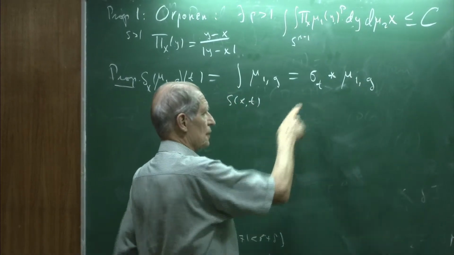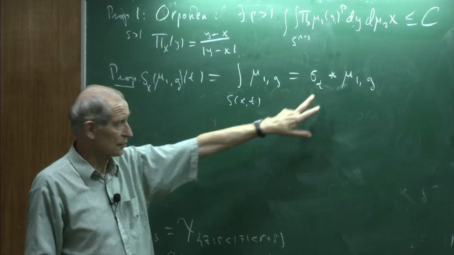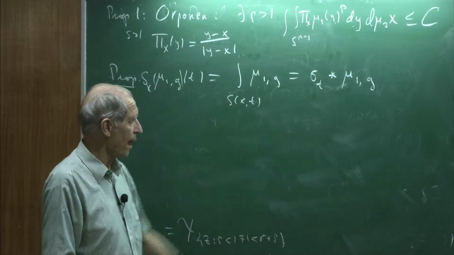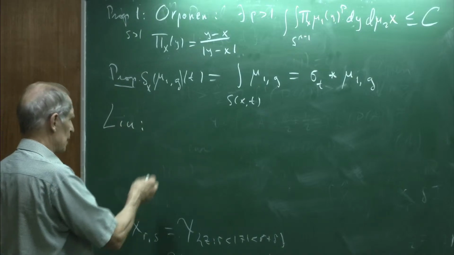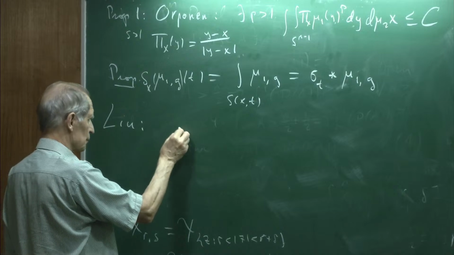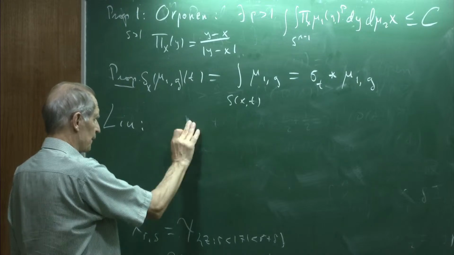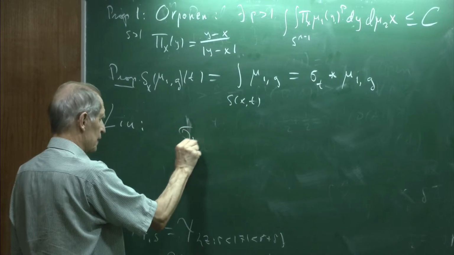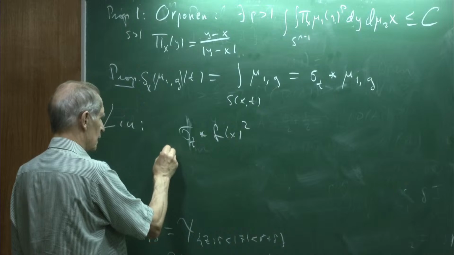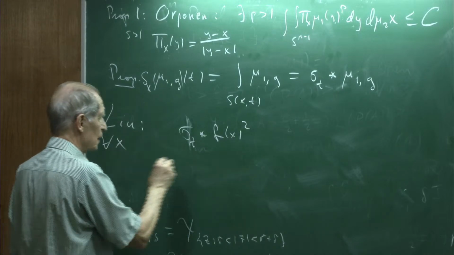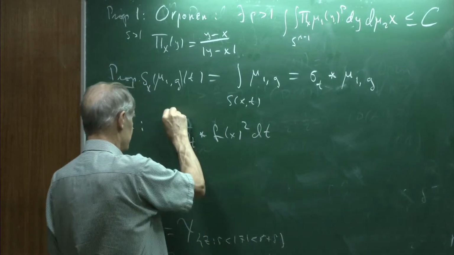Sigma t is the normalized length measure on the circle of radius t. So this is the same thing then. And then there is a formula of Bourgain-Liu, which says for arbitrary functions or smooth functions, if you wish, that if you take sigma t and convolve with f squared, for every x, integrate this with respect to t from 0 to infinity.